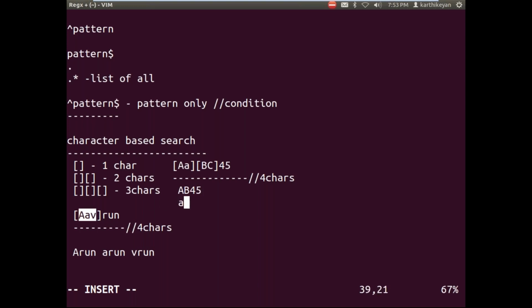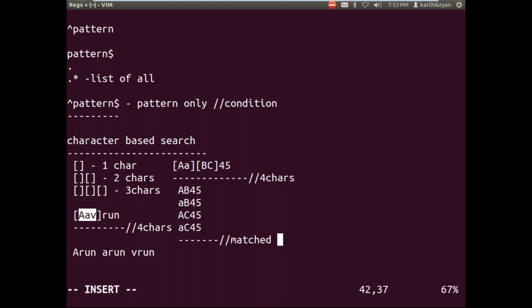Then small a, capital B, 4, 5. Like this is a combination. Or small e, capital C, 4, 5. All these combinations are matched.